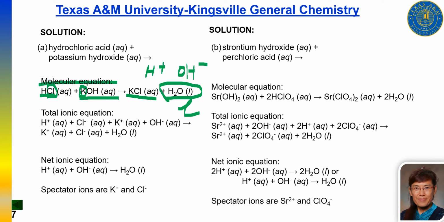The total ionic equation can be written by dissociating the acid and base into the associated ions. HCl breaks down to hydrogen plus and chloride, both aqueous. Potassium hydroxide becomes potassium K plus aqueous and hydroxide OH negative.